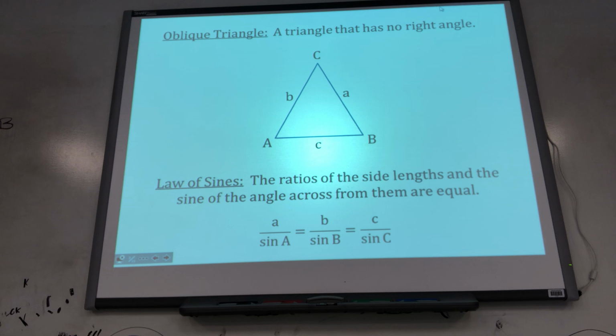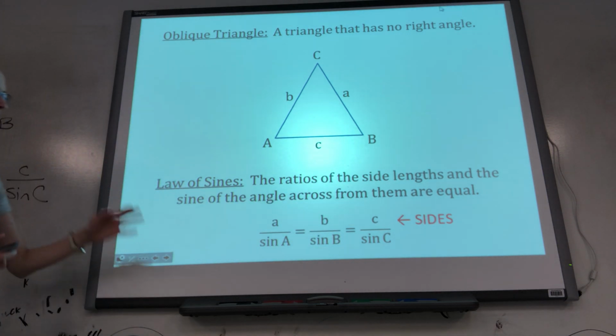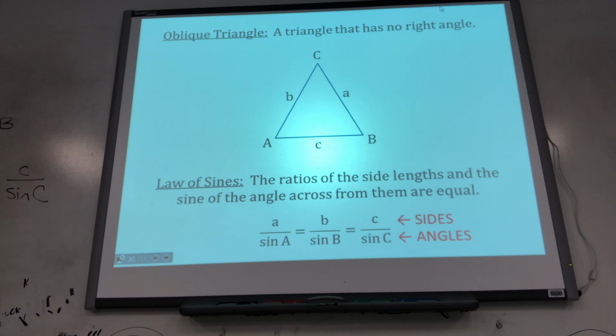It says little a over sine of big A equals little b over sine of big B, which equals little c over sine of big C. And again, the lowercase letters are the sides, the uppercase letters are the angles. So that's something to keep in mind.